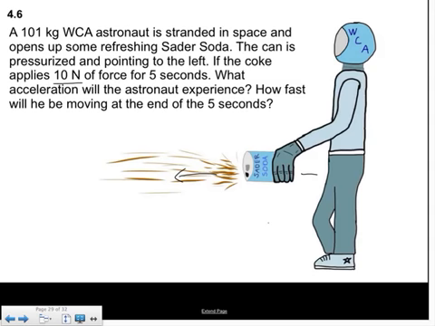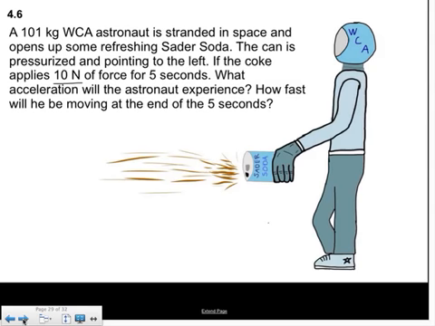Therefore, a force this way will be on the guy. That force will last for a total of 5 seconds. The question is, what will his acceleration be? And then after that 5 seconds, how fast will he be moving relative to his initial velocity?